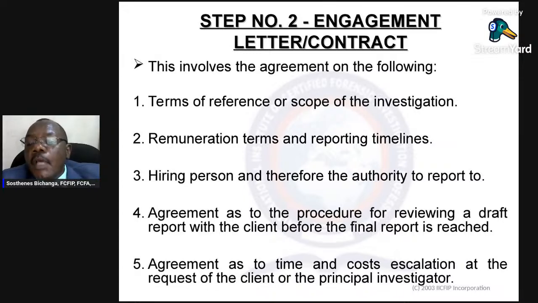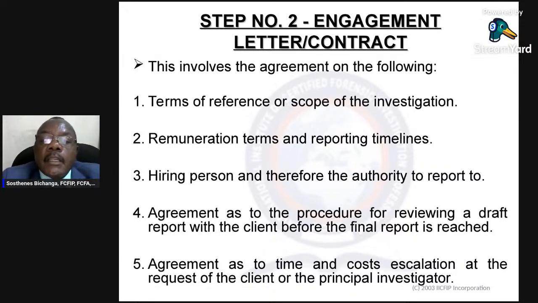He will go through it and send it back with some comments, and then the investigative team, led by the principal investigator, will complete the areas remaining and come up with the final report that will be printed and delivered to the client, and that will end the investigation.